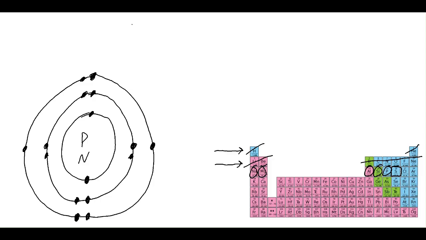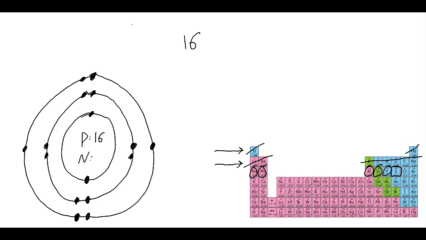Notice how the atomic number of sulfur is also 16. So the atomic number really is telling us both the number of protons and electrons in the neutral atom, because those numbers should be the same for a neutral atom. So we can say we have 16 protons.